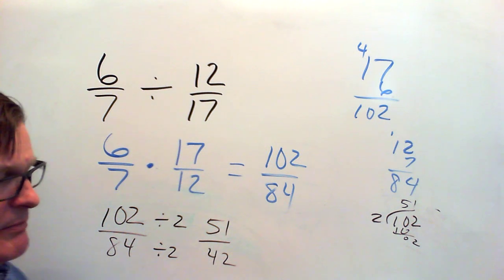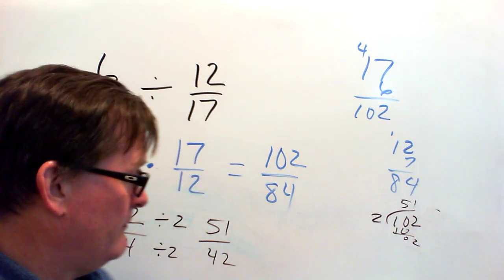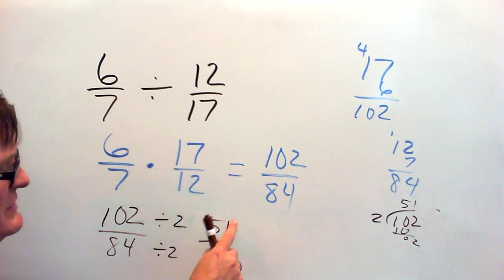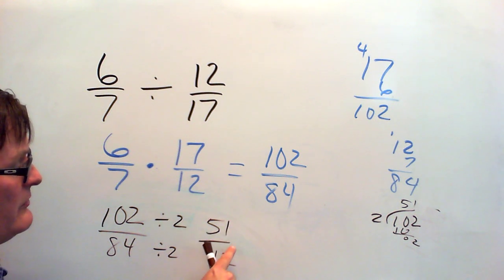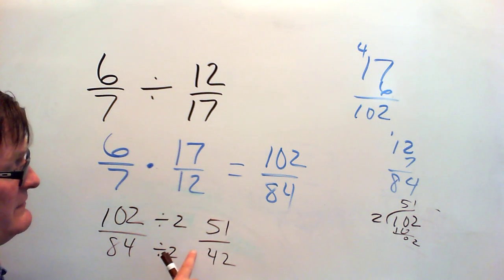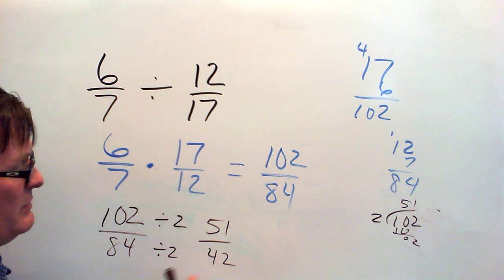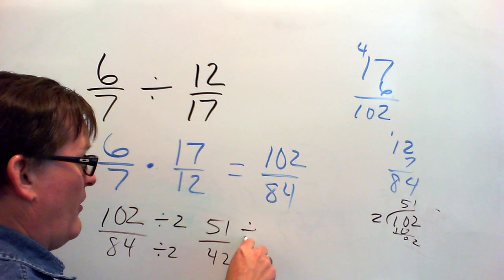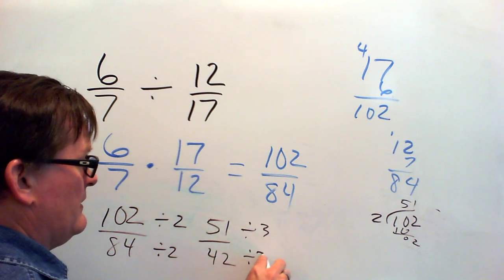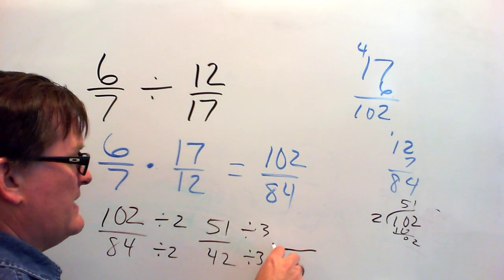Now I remember the rule of divisibility for 3, which is if the sum of the digits, 5 plus 1 is 6, is divisible by 3, then the whole thing is divisible by 3. And if the sum of these, 4 plus 2 is 6, is divisible by 3, which it is, then both of these are also divisible by 3. So I can take it another step here.